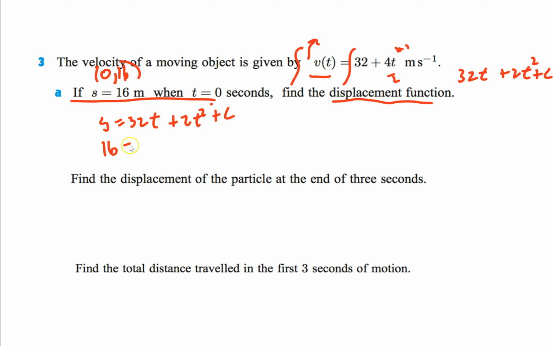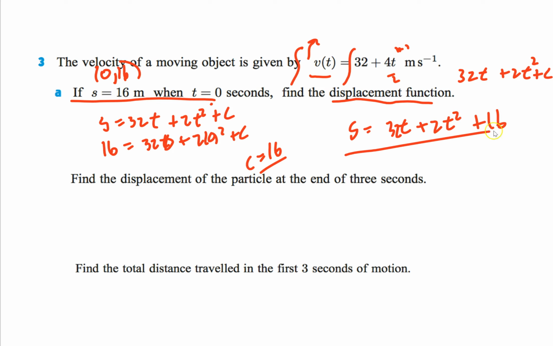So 16 equals 32 times 0 plus 2 times 0 squared plus c. So c equals 16. Again, that's not my answer, just like we did before. Generally, when you find c, that's not the answer. They want you to find the equation. So my displacement is 32t plus 2t squared plus 16. So now I have my displacement equation.